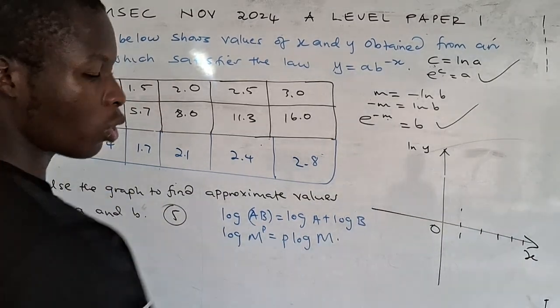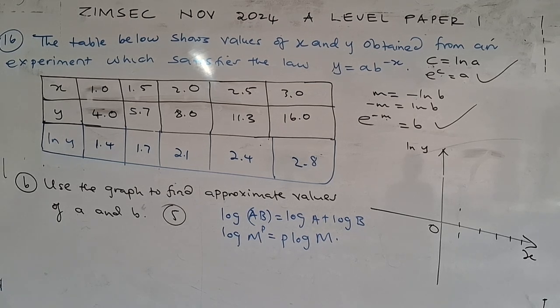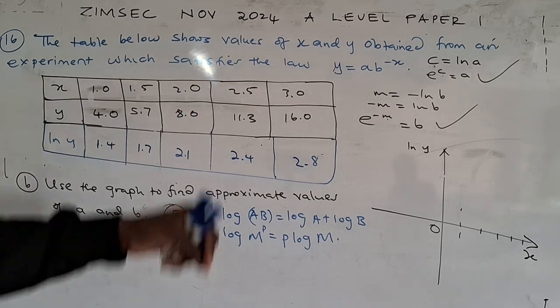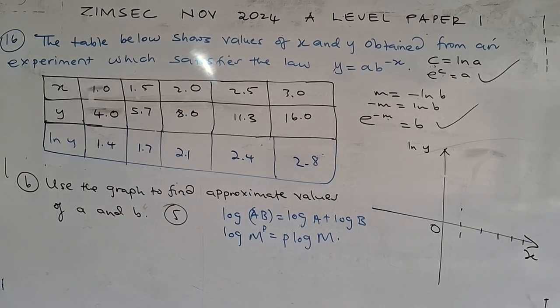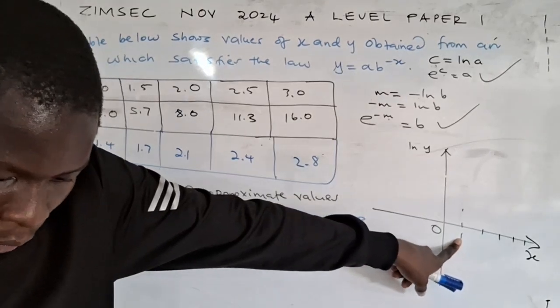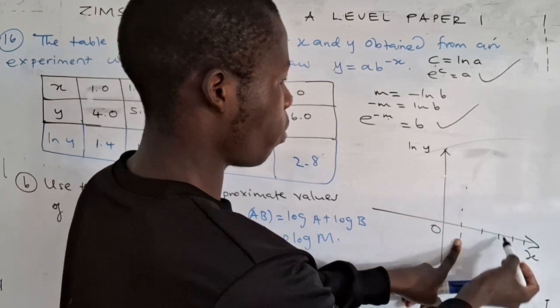Now you sketch the graph. If you sketch the graph of the values of ln y, what will be the actual graph? If x is 1, this will be 1.4 here, and the line will go like this.